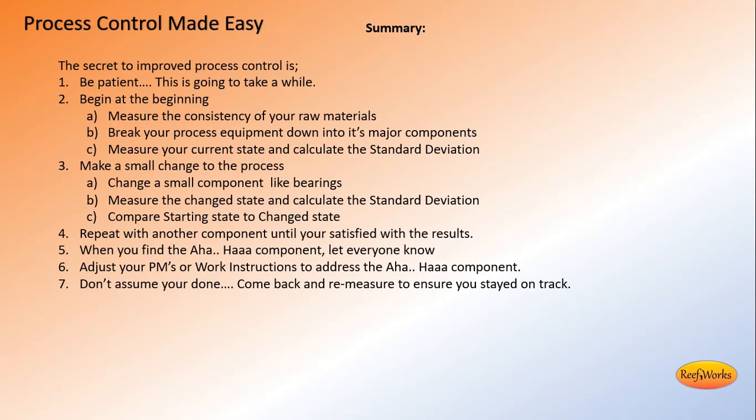And then compare your starting state to your changed state. Just repeat it with one component after the other until you're satisfied with the results. And when you find that aha component, that one thing that really makes the big change, write it down. Let everybody know, and adjust your PMs and your work instructions to address that aha issue or that aha component. But don't assume that you're done. You want to come back periodically and remeasure to ensure that your work stayed on track.